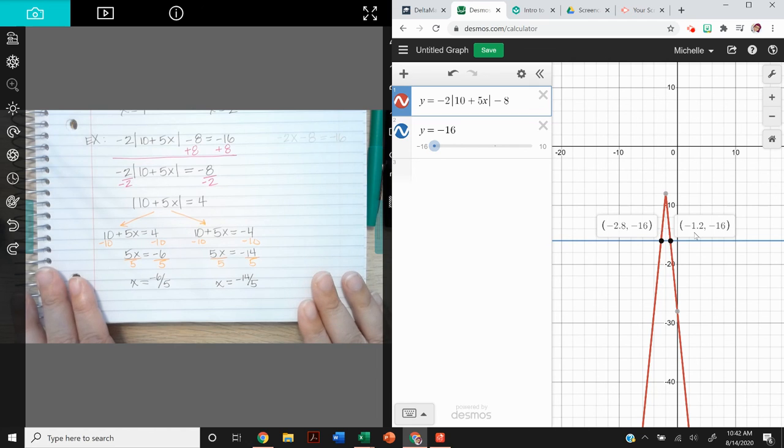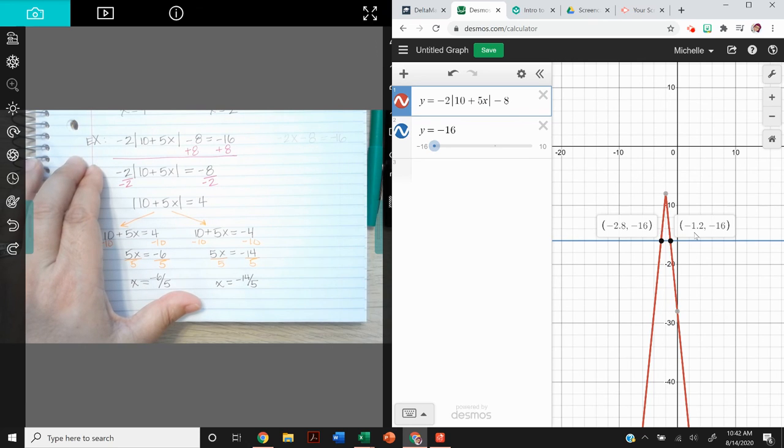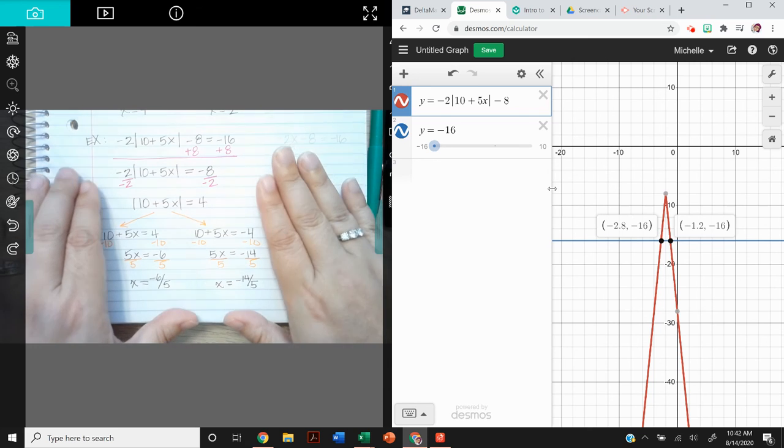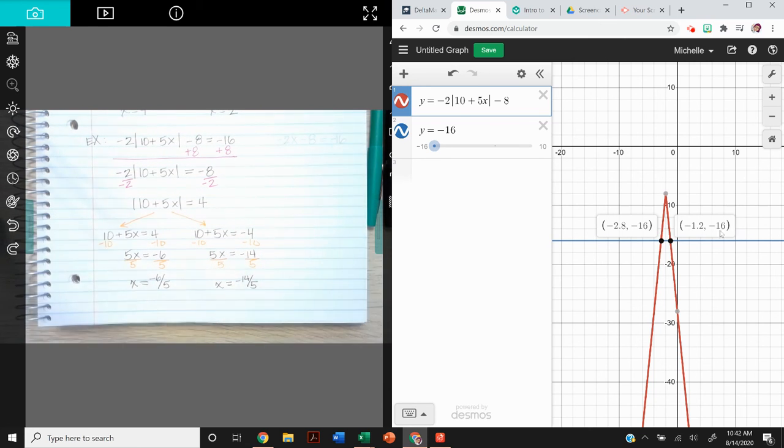Now, what I want you to do is solve it, and then use Desmos to check your work. That's really what it should be. You can do it. This is what's called the algebraic approach, and then you use the graphing approach to check your work.